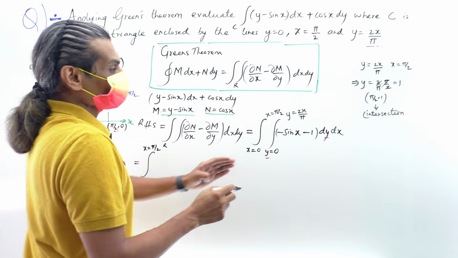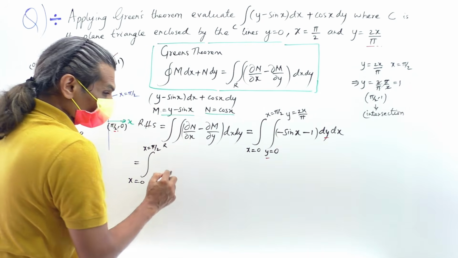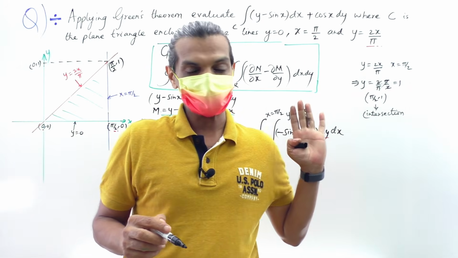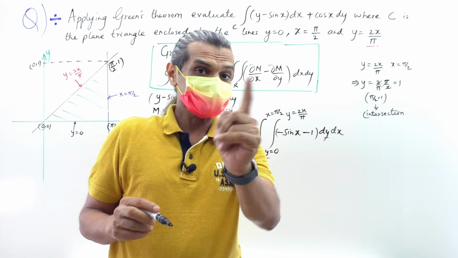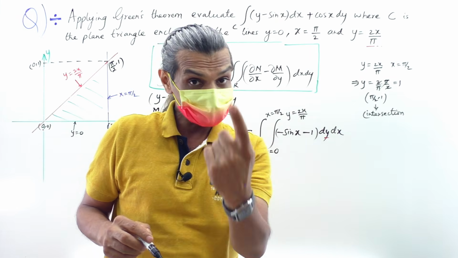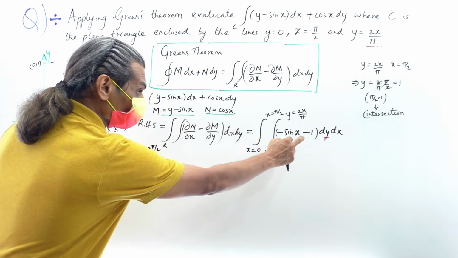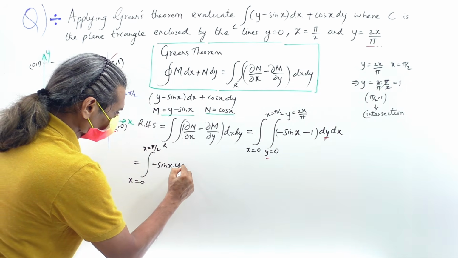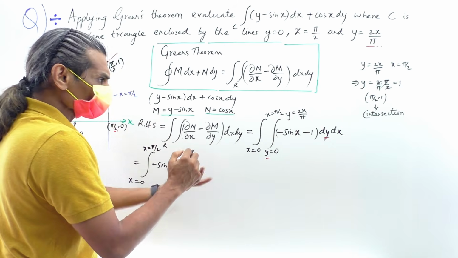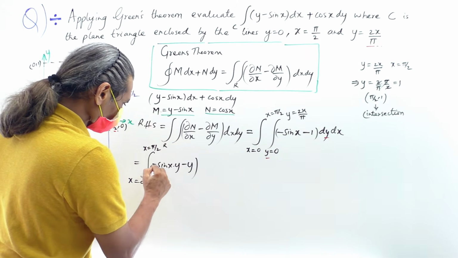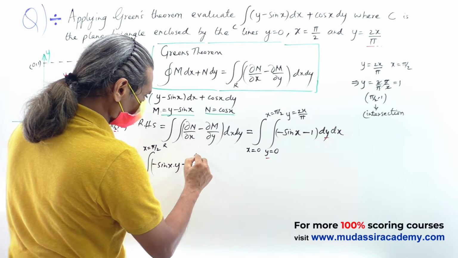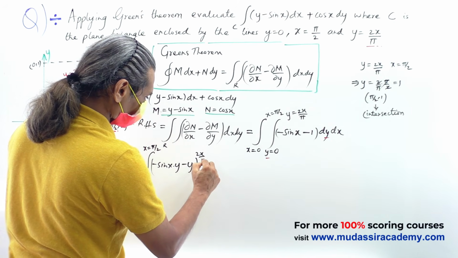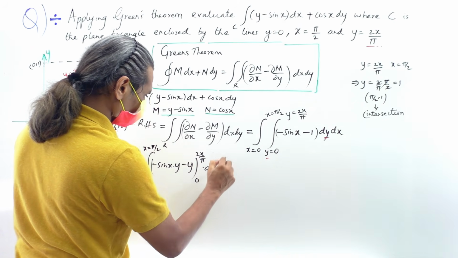Integration of 1 dx is x, integration of 1 dy is y. Here you integrate with respect to y, so minus sin x as it is, into y, minus the integration of 1 dy, which is y itself, with limits 0 to 2x by pi, into dx.